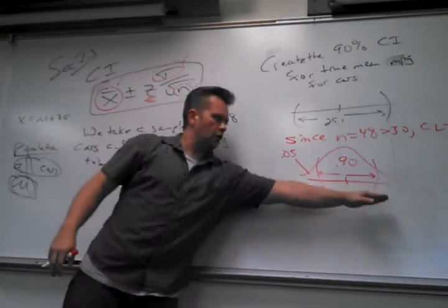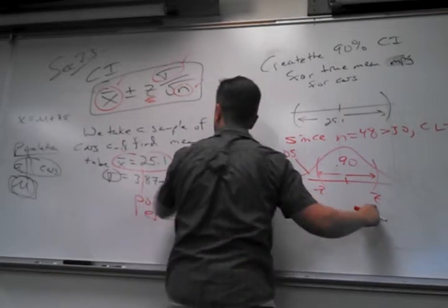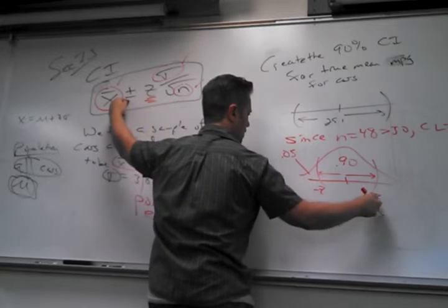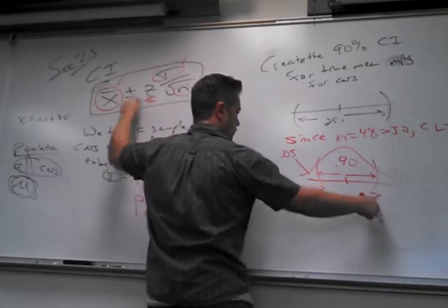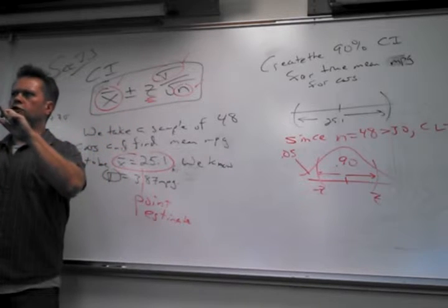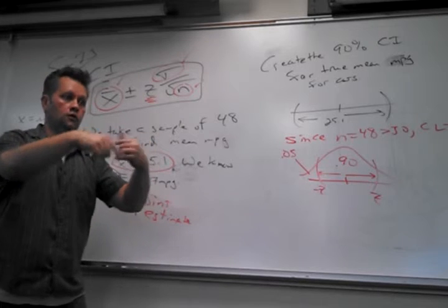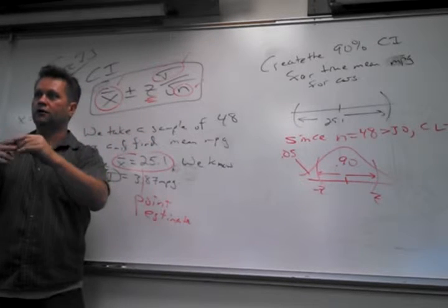Once I get one, I got both, right? And this minus plus is in the formula. That's where it relates to, right? So what do you guys get for the z-score? This should be the asterisk.